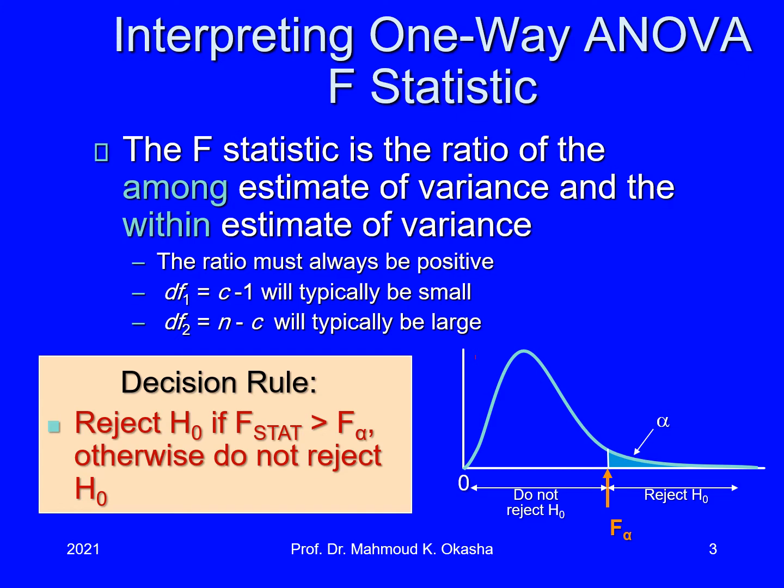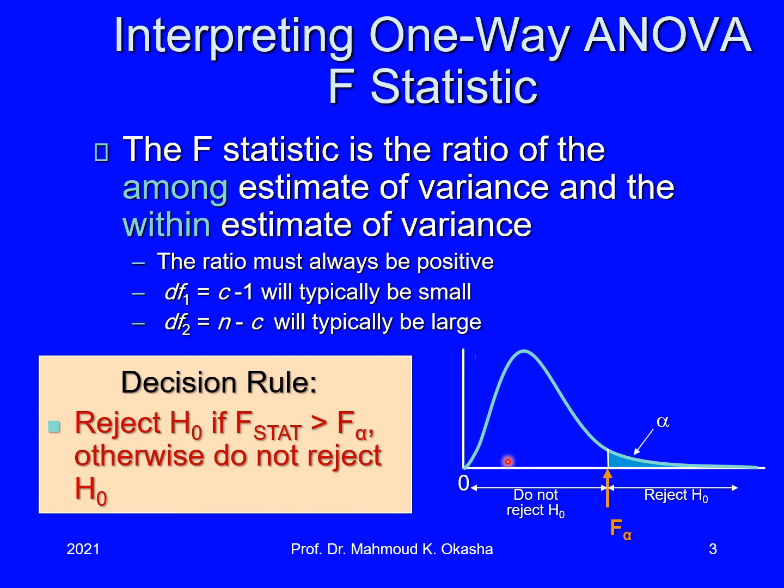So alpha is always on the right-hand side, all of alpha. We do not divide it by 2. So we get it in this area, and this is 1 minus alpha. And we go to the table with the value of alpha and the two degrees of freedom.